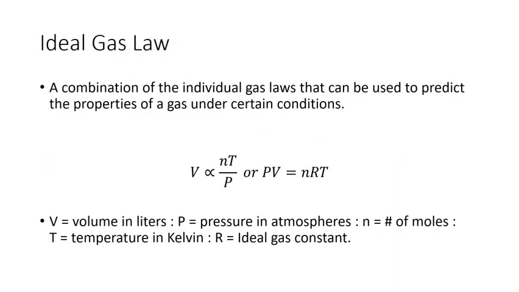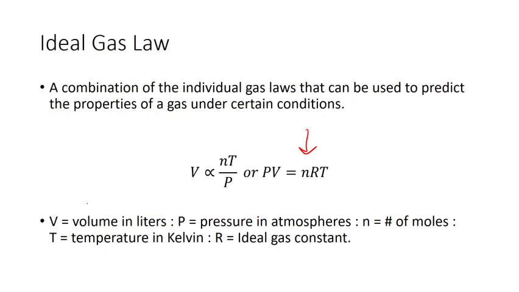And so all of these get combined together into what we call the ideal gas law, which is a combination of the individual gas laws and can be used to predict the properties of gases under a variety of conditions. So here we are. This is the standard form that you will see it in, PV equals nRT, or Pivnert.